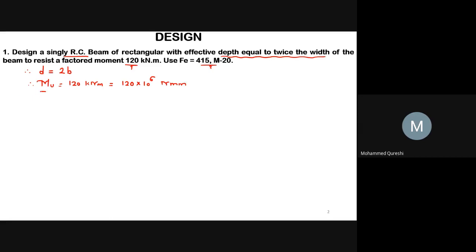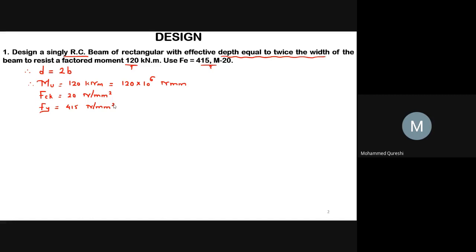Then FCK is given as 20 Newton per mm square and value of Fy is 415 Newton per mm square.